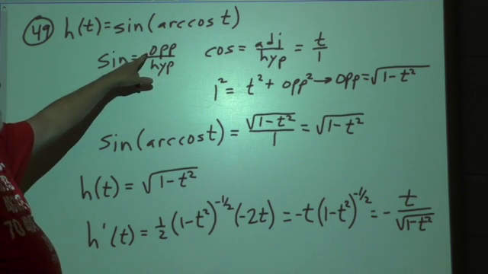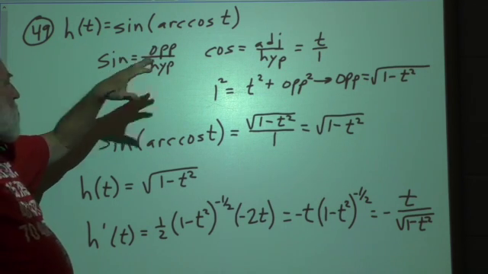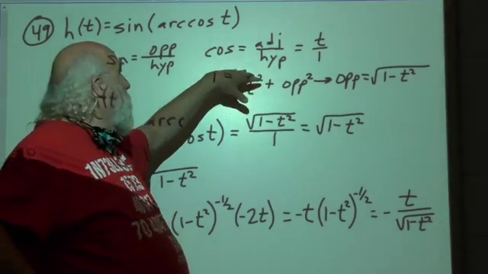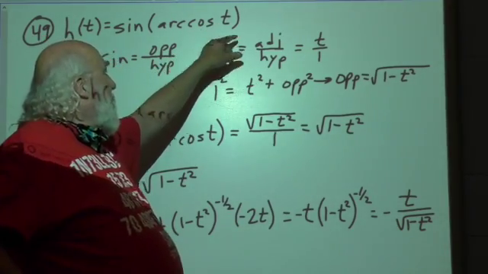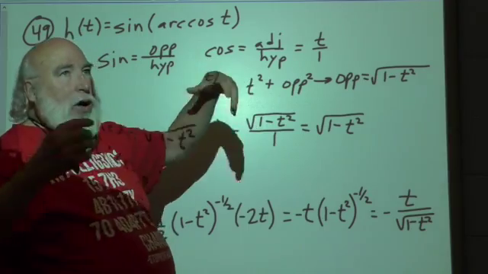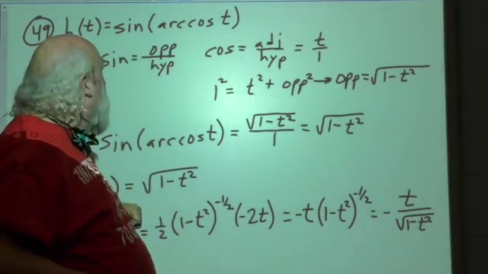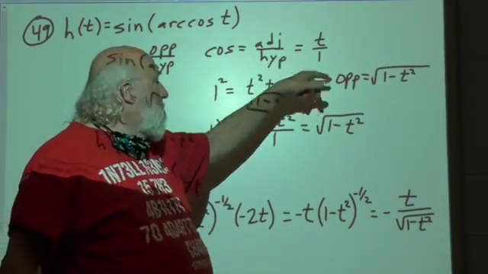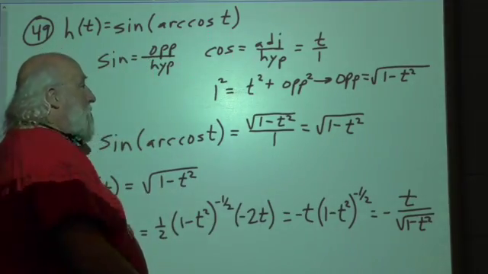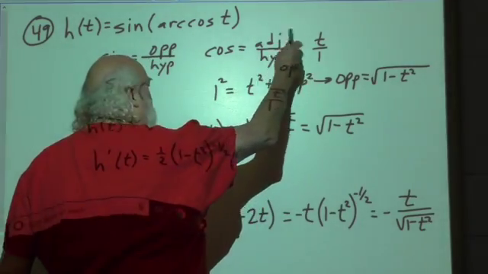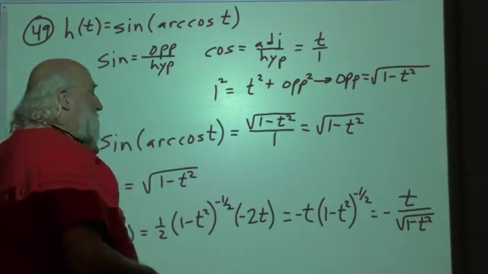We identify sine as opposite over hypotenuse. Cosine, of course, is adjacent over hypotenuse. And since the value of the angle's cosine is t over 1, that means that we're going to put t for the adjacent and 1 for the hypotenuse.